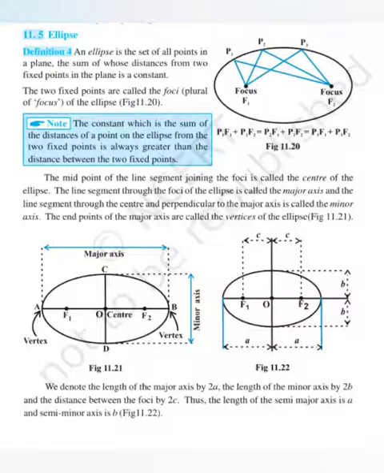Let the length of the major axis, that is the length of AB, be equal to 2a, and the length of the minor axis, that is the length of CD, be equal to 2b. Clearly, a is greater than b. Also, let F1 be at a distance of c from the origin, and F2 also at a distance of c from the origin.